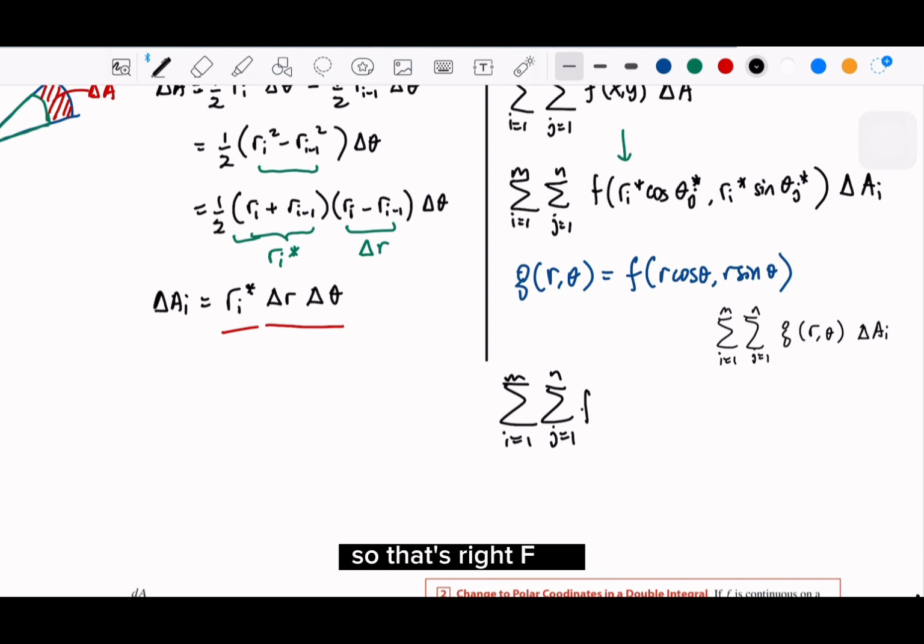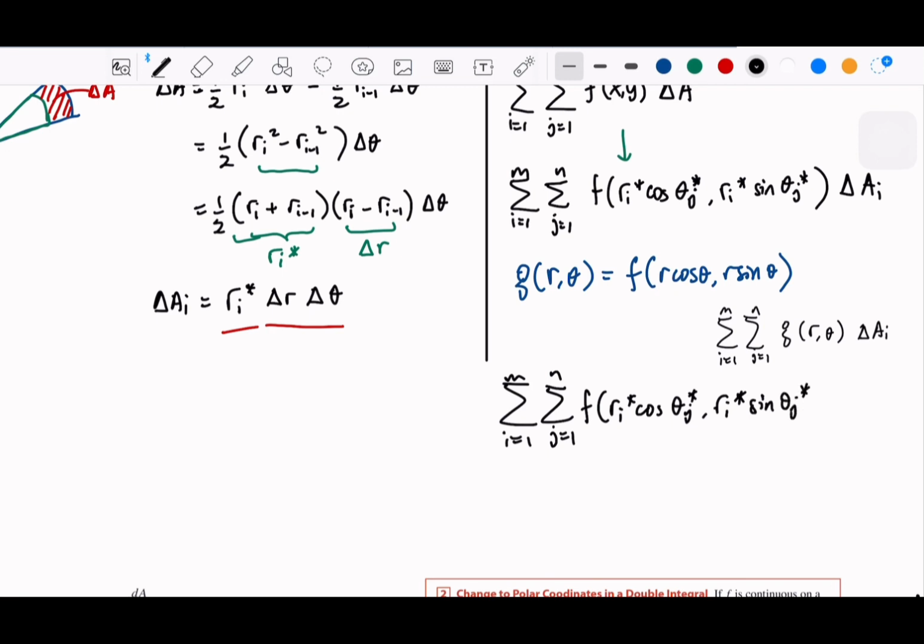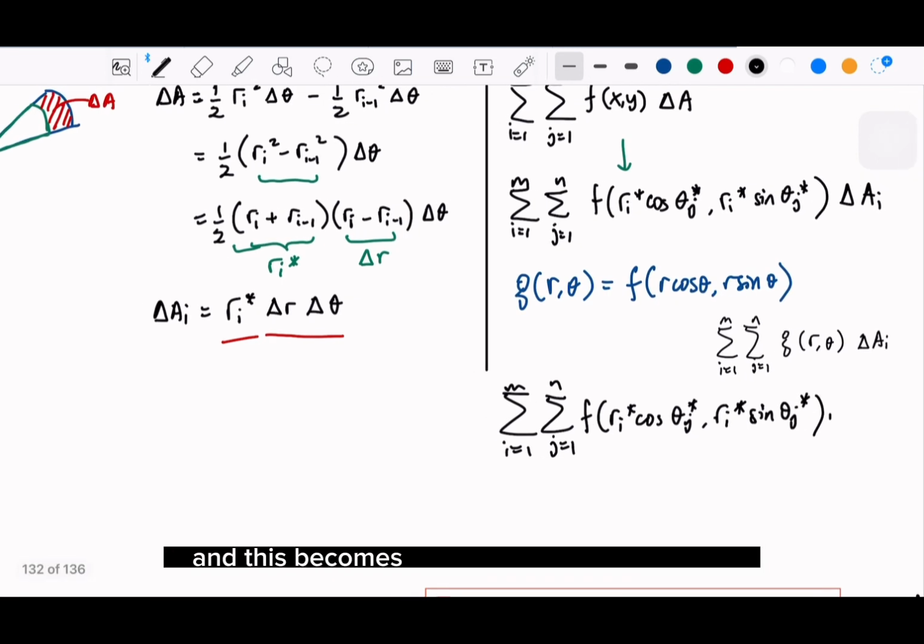So let's write f of ri, and this becomes ri delta r and delta theta.